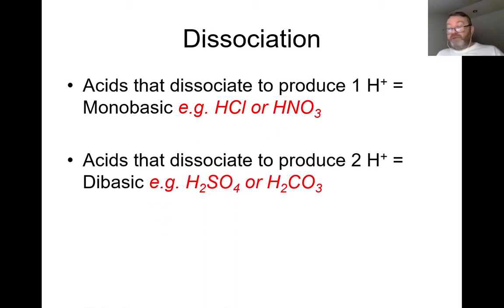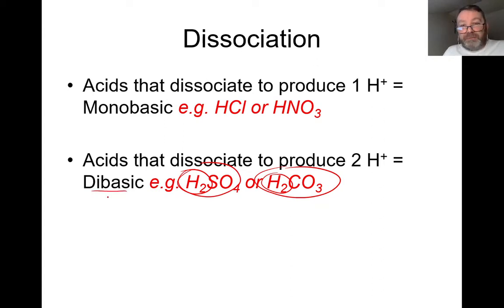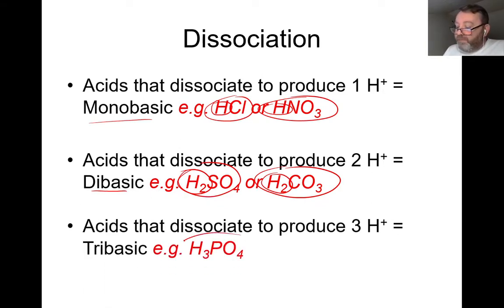What about H2SO4 or H2CO3? In this case, that molecule produces two hydrogens, two H pluses. And this molecule also produces two H pluses, which means that they are dibasic. HCl produces one, HNO3 produces one, monobasic. H2SO4 produces two, H2CO3 produces two, dibasic. And finally, the H3PO4 molecule produces 3 H plus, which we call tribasic.